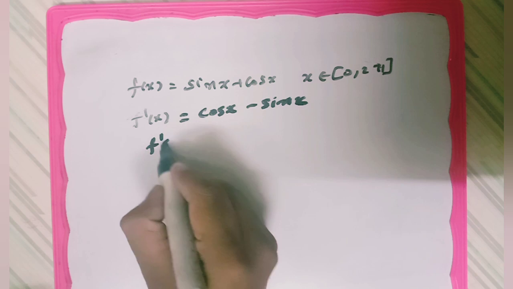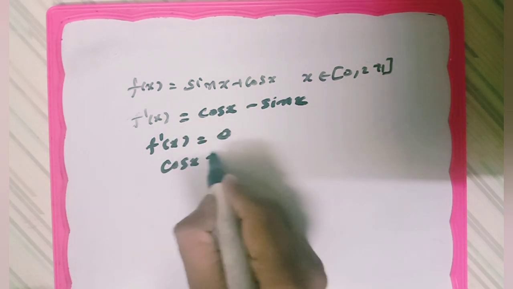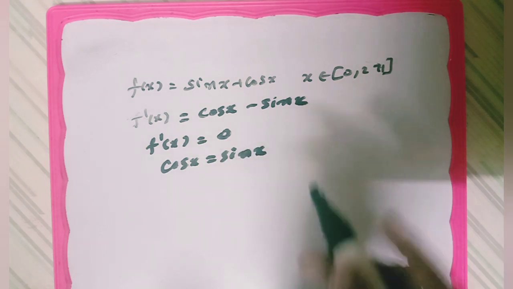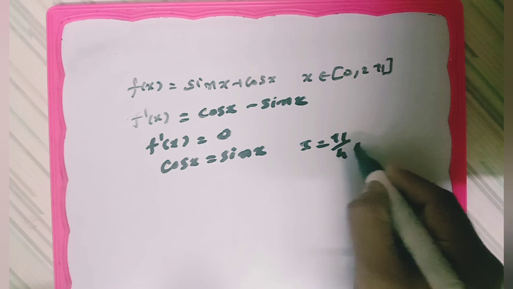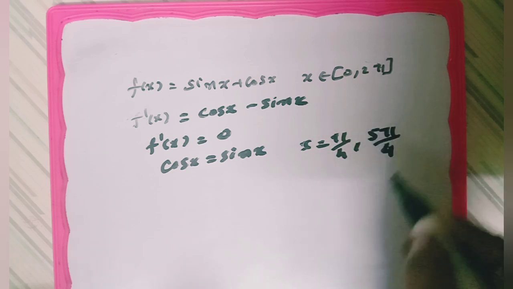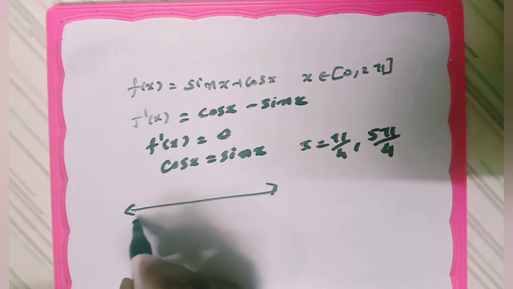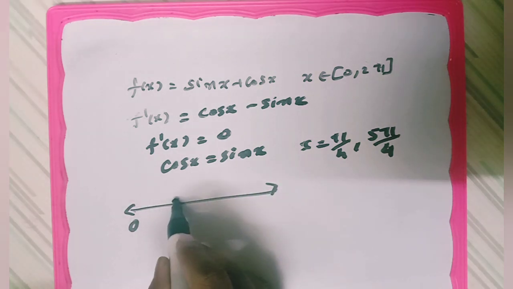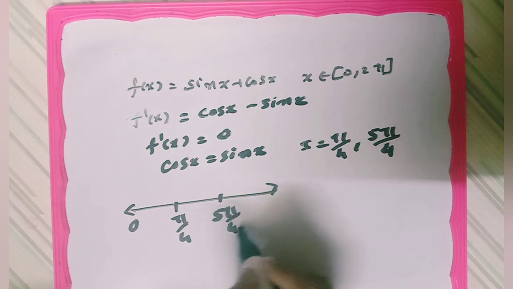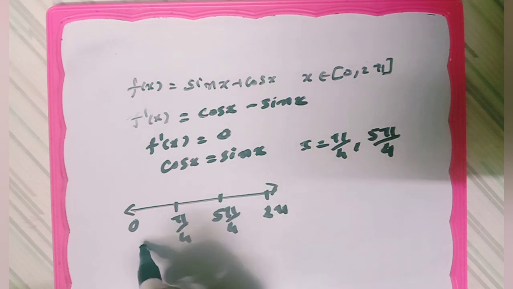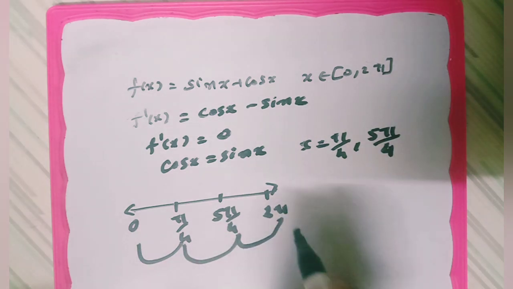Taking f'(x) = 0, cos x = sin x, which happens if x = pi by 4 and 5 pi by 4. And so in 0 to 2 pi we have 3 intervals: 0 to pi by 4, pi by 4 to 5 pi by 4, and 5 pi by 4 to 2 pi.